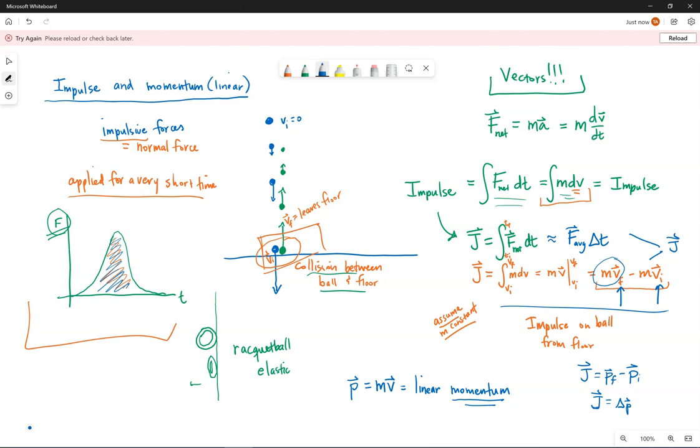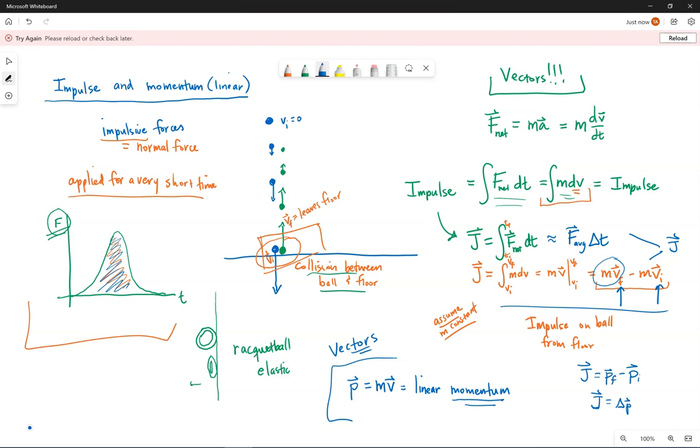So we're going to walk through and talk about when momentum is conserved. We'll look at some problems solving for just impulse or just momentum, and then also the conservation of momentum. Now, one big thing, momentum is a vector. We kind of get lulled into a false sense of security because energy, we haven't had to worry about vectors quite so much.